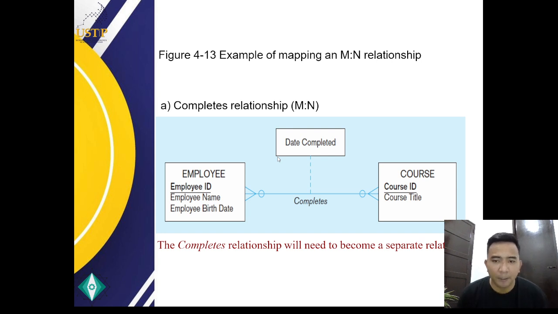The employee entity has the attributes of employee ID, employee name, and employee's birth date. The course entity has the attributes of course ID and the course title. So the diamond shape, we have here the diamond shape.